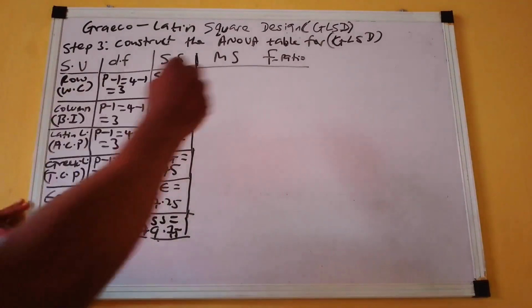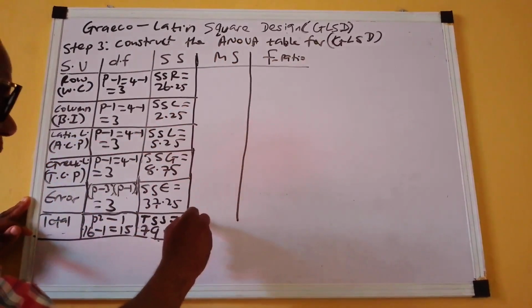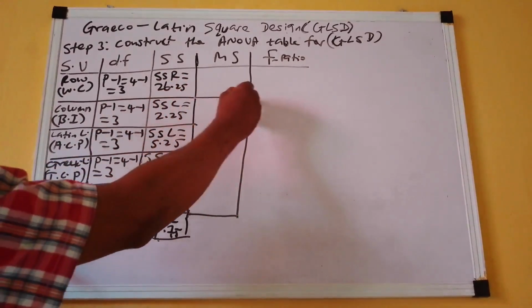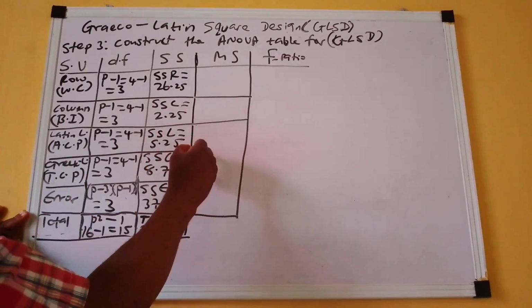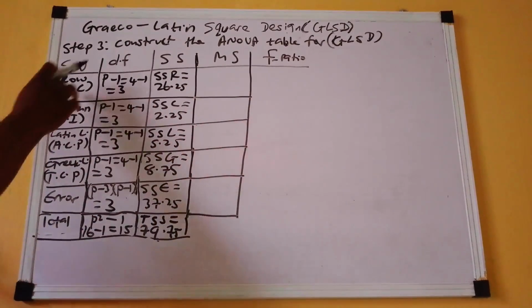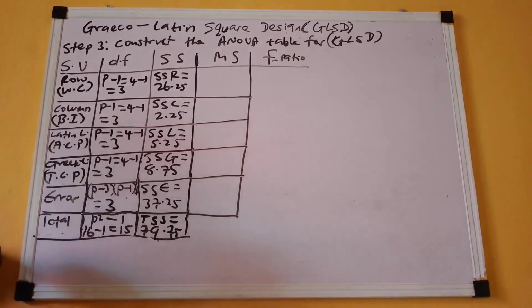So now let's go to the mean sum of squares so that we can have a better understanding of what we want to achieve. For the row, to get the mean sum of square, you divide the corresponding sum of squares by their corresponding degrees of freedom.